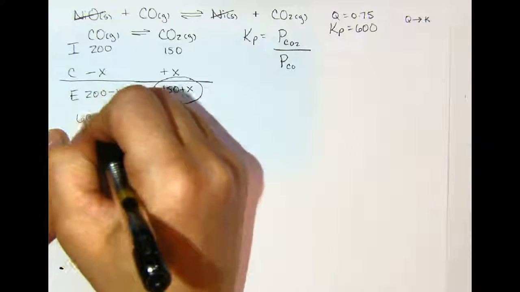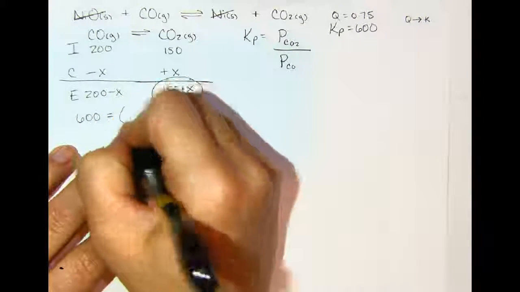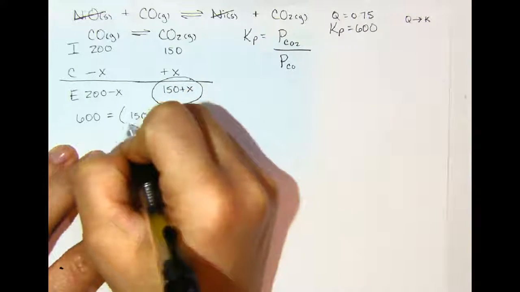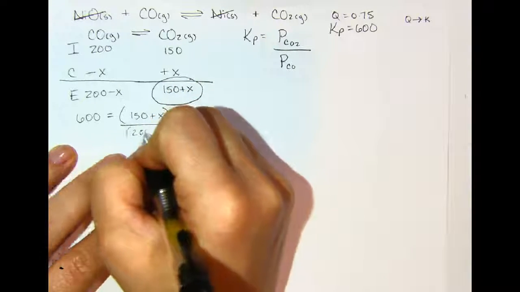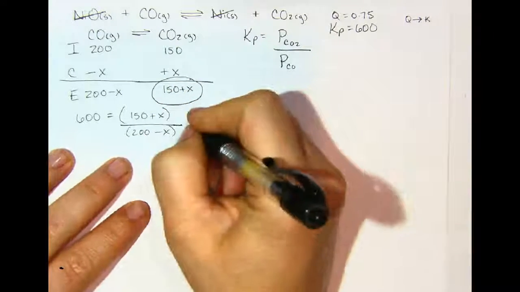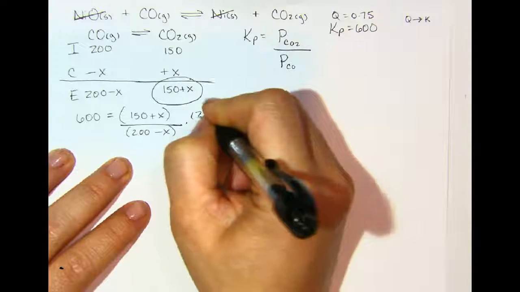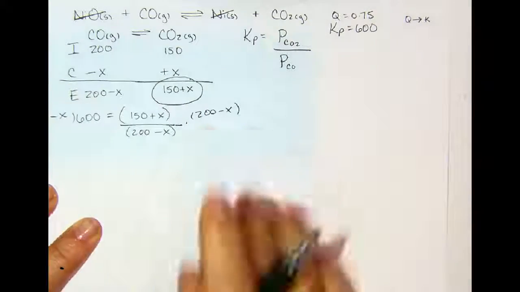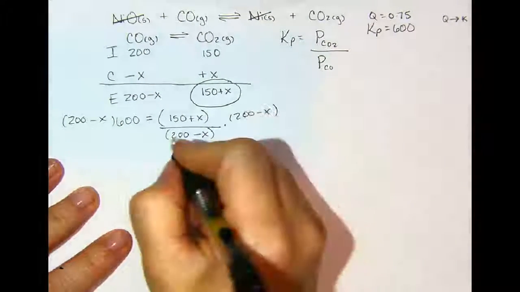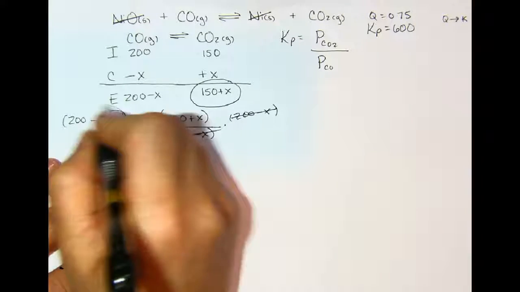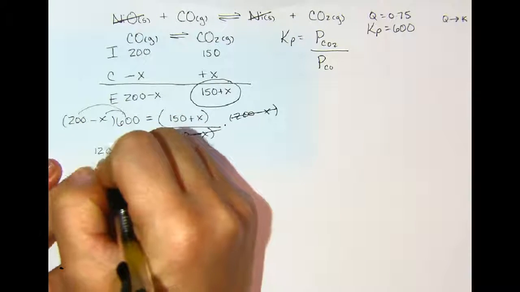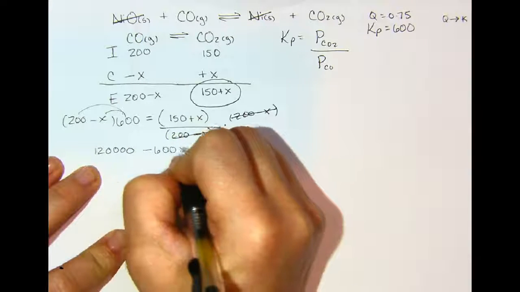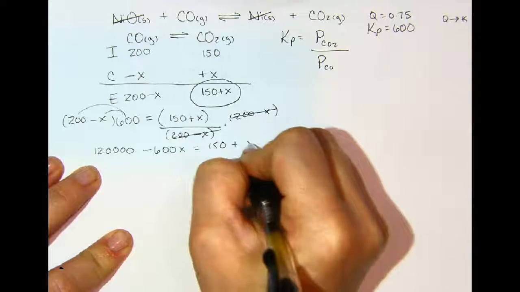So I'll have 600 is equal to CO2, which is 150 plus x, over CO, which is 200 minus x. I will now multiply both sides by 200 minus x, and I'm going to distribute the 600 here. That's going to give me 120,000 minus 600x is equal to 150 plus x.